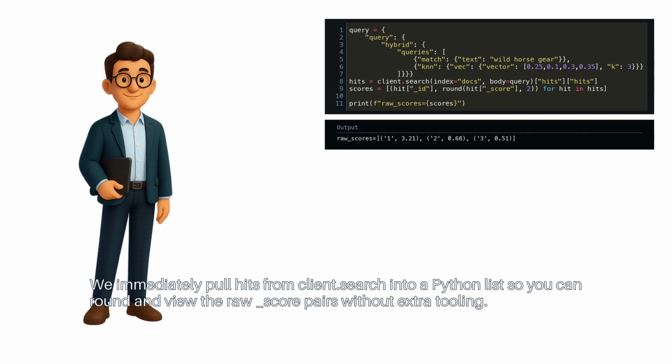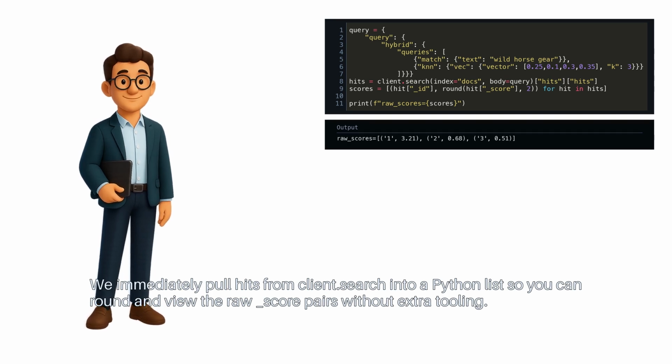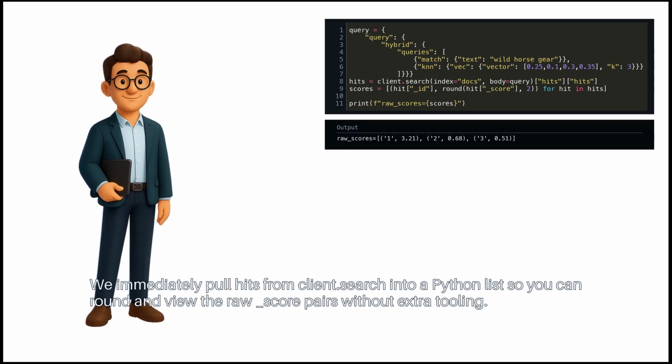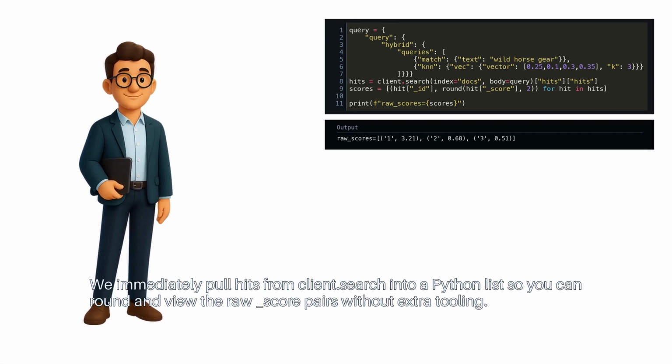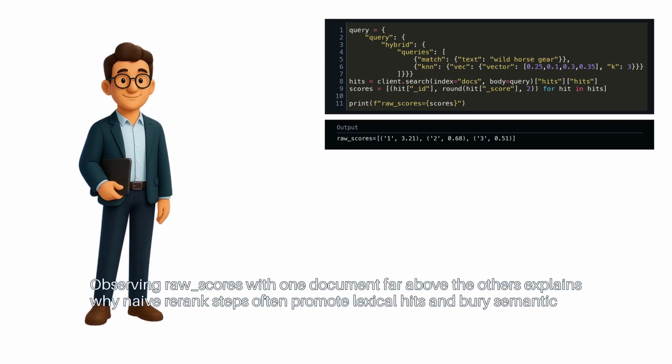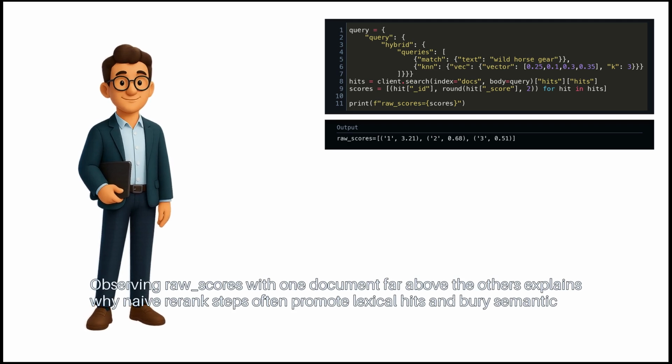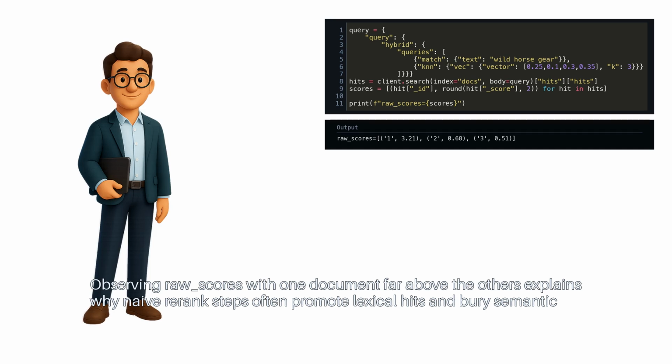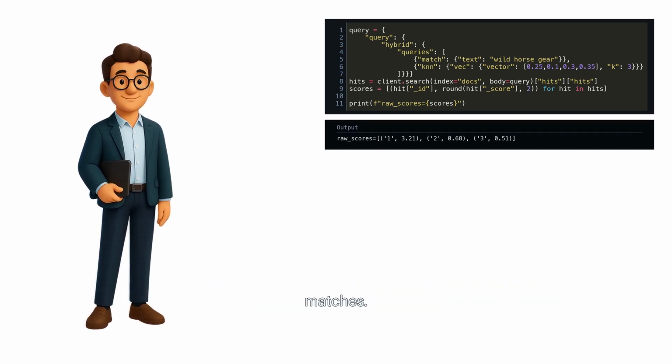We immediately pull hits from client.search into a Python list so you can round and view the raw underscore score pairs without extra tooling. Observing raw scores with one document far above the others explains why naive re-rank steps often promote lexical hits and bury semantic matches.